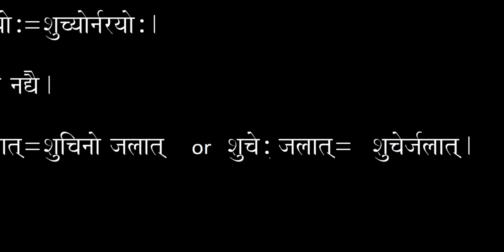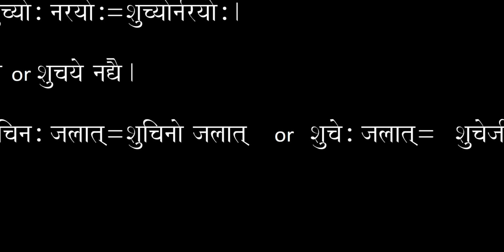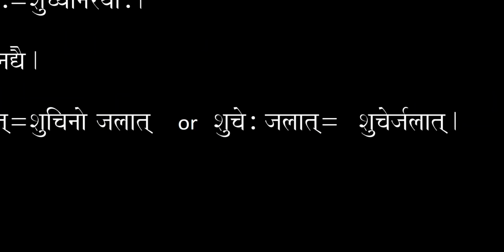The second example is how it would be declined if it was declined like munihi, a masculine noun that ends in short i. When this is ablative singular, just like how you would have munehe for ablative singular, suchi becomes suchihe, and in the ablative singular it becomes suchehe jalat.